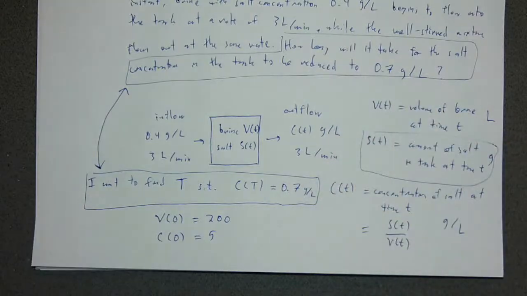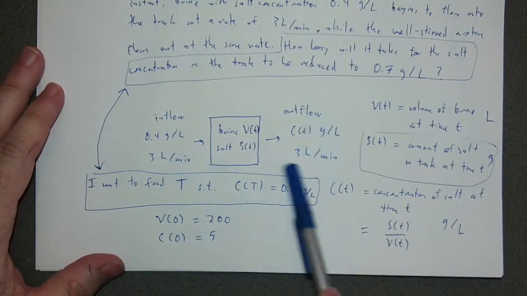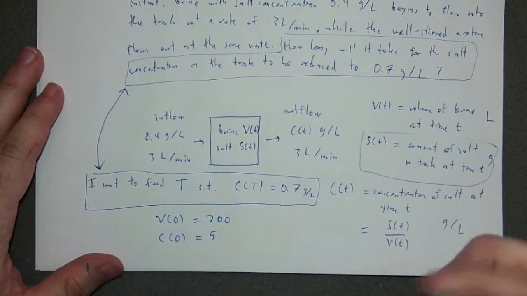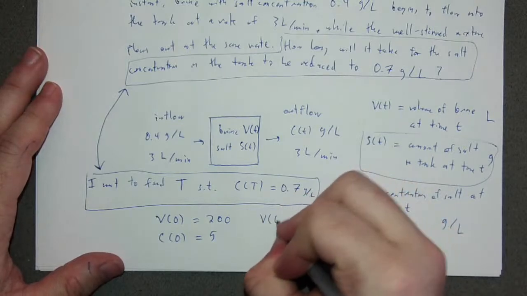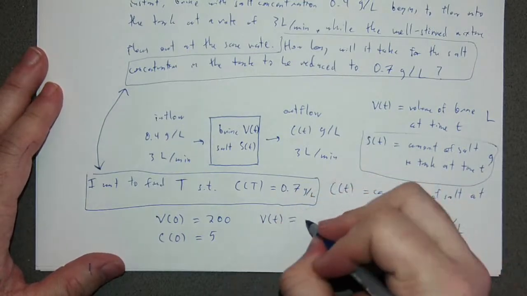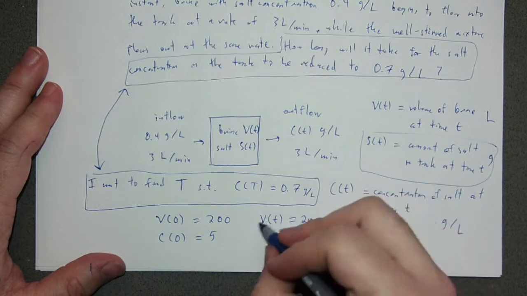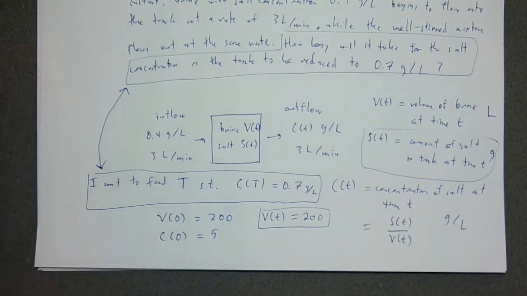So how do these things relate? The initial volume is 200, but because the inflow and the outflow are both 3 liters per minute, the volume at any time t is also 200. That volume never changes, because the inflow and the outflow are the exact same amount. So V of t is 200.